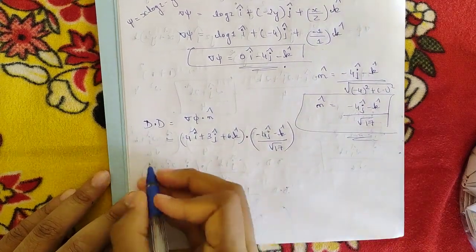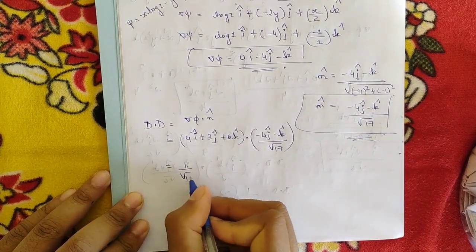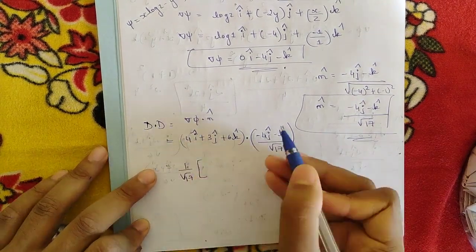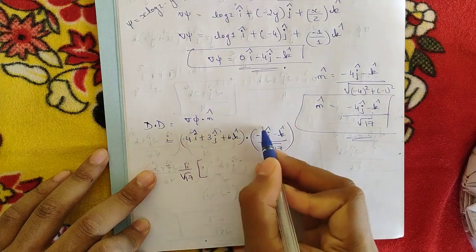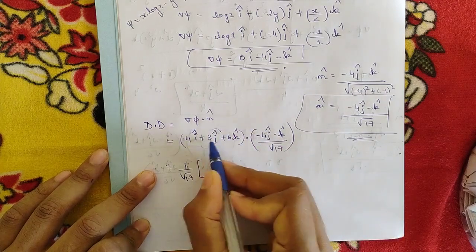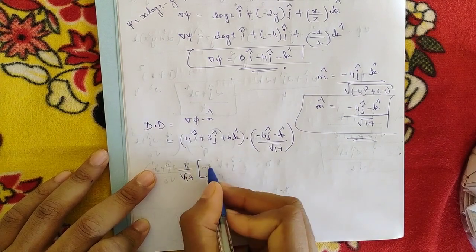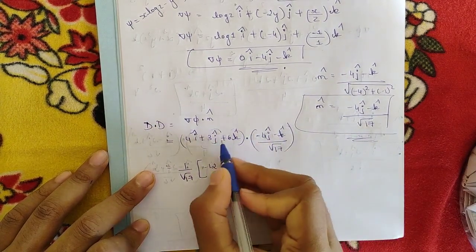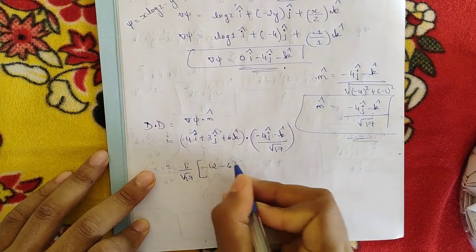Here again take 1 by root 17 common outside and then do the dot product. So i term is not there, so 3j cap and 4j cap, do it separately. So 3 4s are 12 along with minus sign, and j cap is 1, and 6k cap and this k cap term, so 6 into -1 is -6.